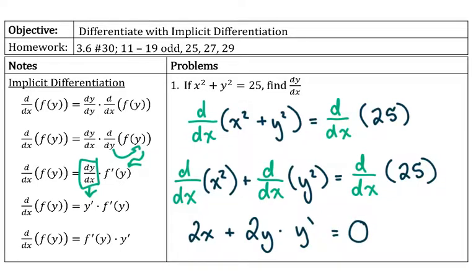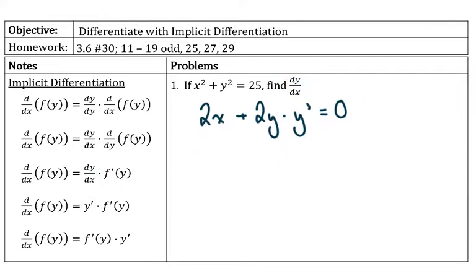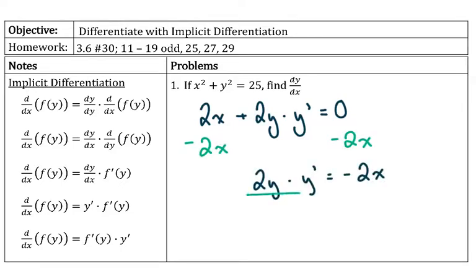Now, since we're looking for dy/dx here, this is what we want as our final answer. That's this term here. We need to solve for y prime. And from this stage, we're just going to do our basic algebra. We're going to subtract 2x from each side, and then divide by 2y to get our y prime term by itself.